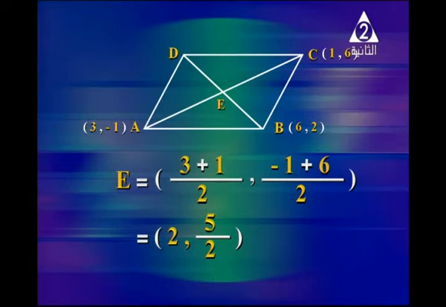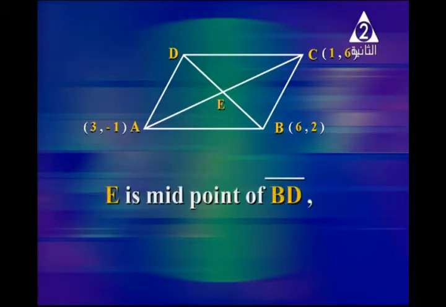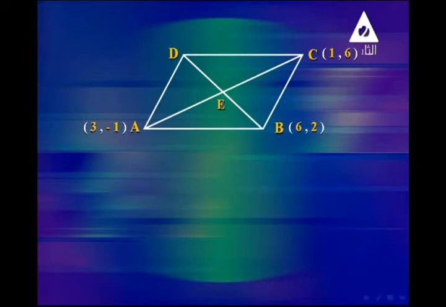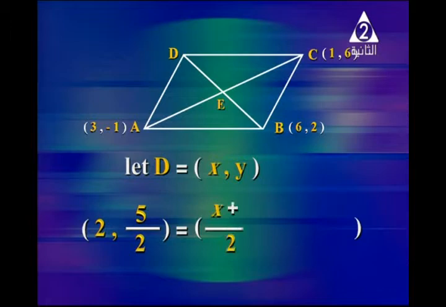Now you are going to notice that E is also the midpoint of BD. So in this case, we can say that D equals (X, Y). Can you find D as E is the midpoint of BD? Of course, yes. (2, 5/2) equals ((X + 6)/2, (Y + 2)/2).